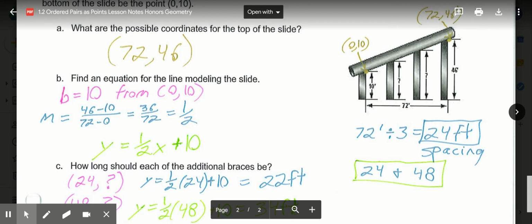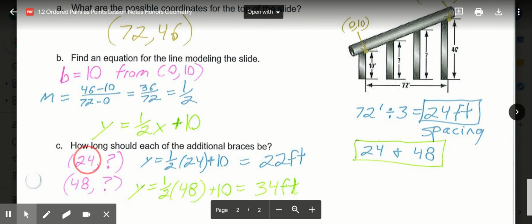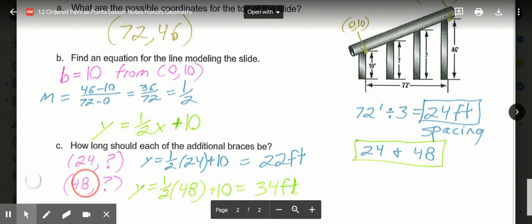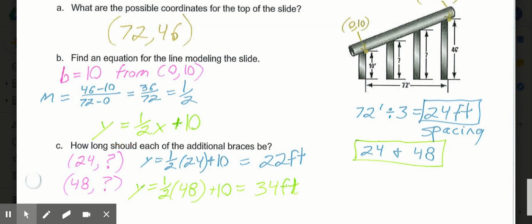So that tells me this brace here has an x-coordinate of 24. The second brace here, or third brace technically, has an x-coordinate of 48. So to figure out the height of our additional braces, we're going to plug these x values into our equation. So y equals 1/2 times 24 plus 10.